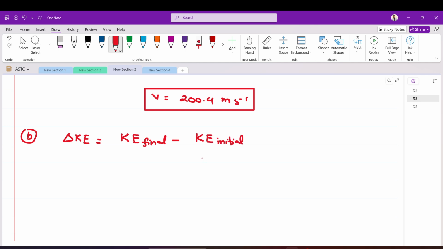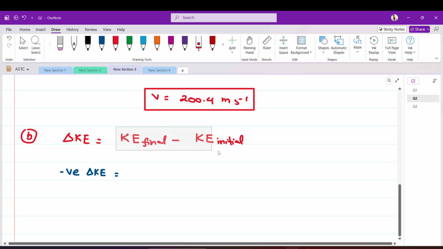Let's say the value of delta KE is negative, so let's say that we have minus delta KE, and these are the values that we have. If I want to make this positive, how can I make this positive?